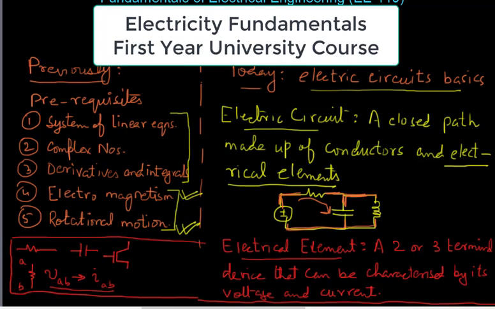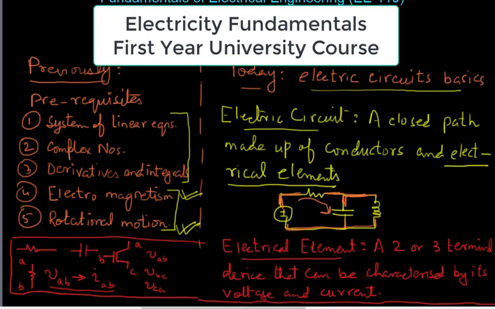It has two legs, but some of them have three legs. For example, if you talk about this transistor, let's call this leg A, this leg B, and this leg C. In a transistor, you can have three different voltages. So we can have VAB or VBC or VCA for a three-terminal device.